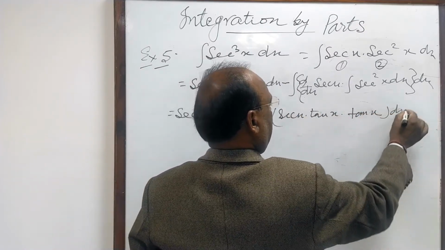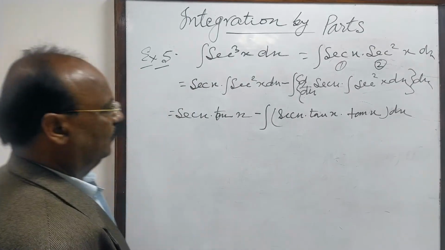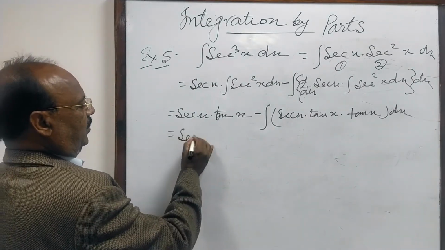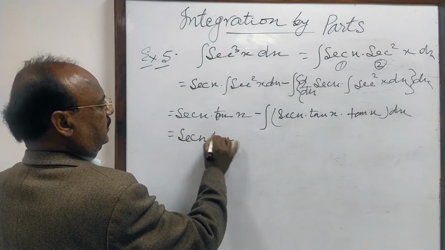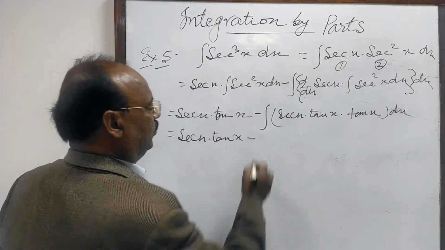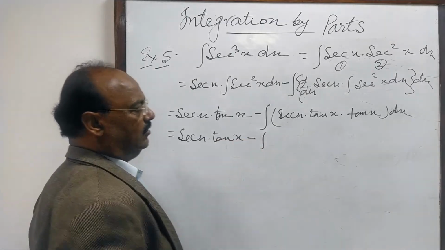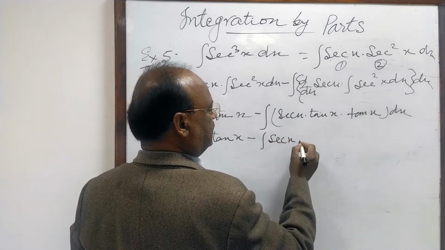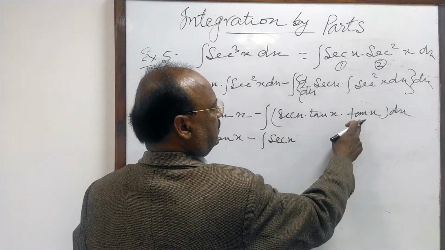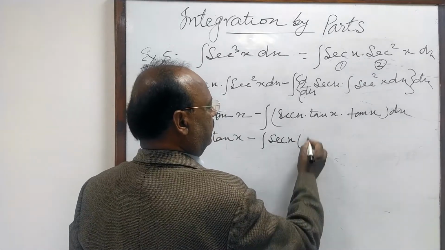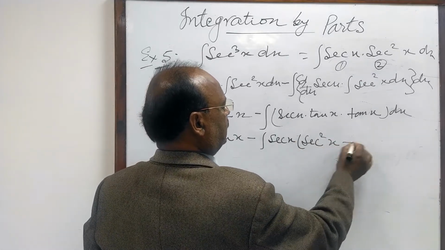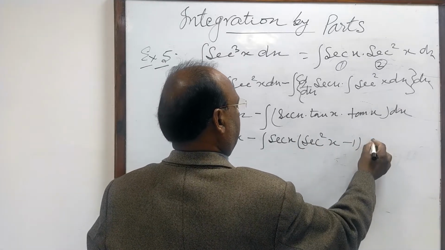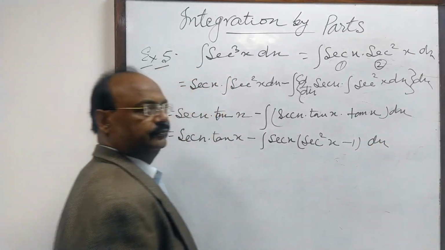This whole dx. Next step, this is sec x into tan x minus integral of sec x into tan square x, and this tan square x can be written as sec square x minus 1. Clear?